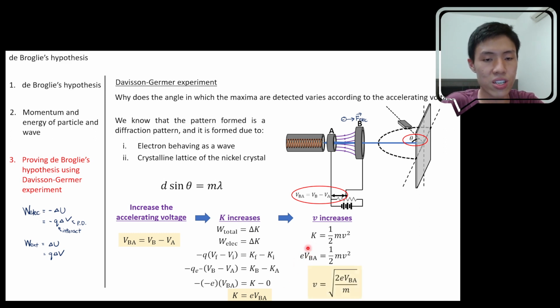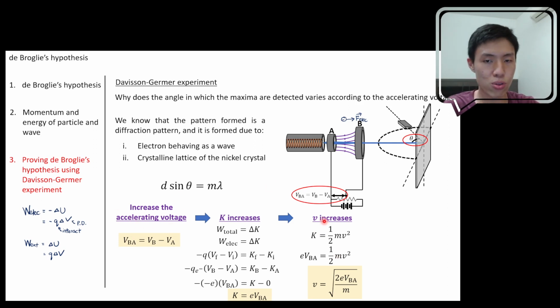Now I can say that the speed of the electron is actually the square root of 2K over m, or equals the square root of 2eV over m, because K is equal to eV. This will help us find the relationship between the speed and the accelerating voltage.